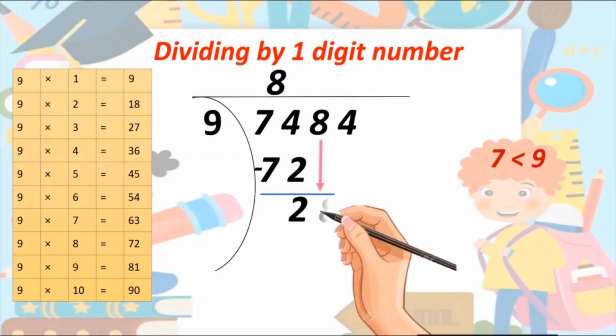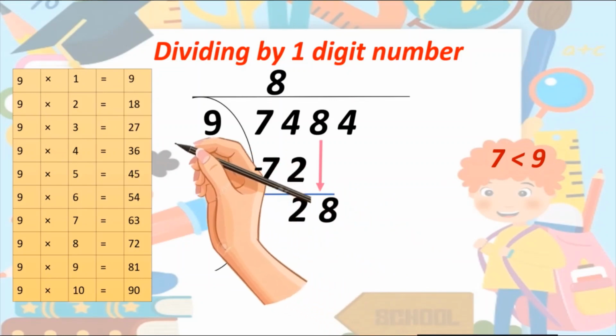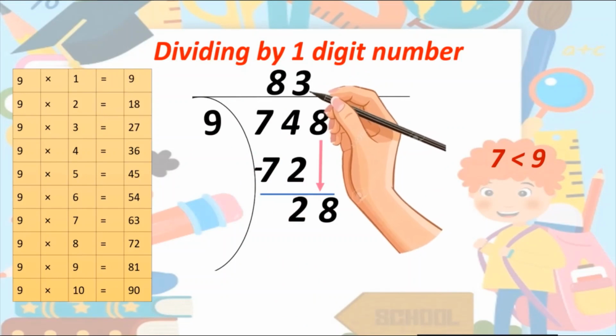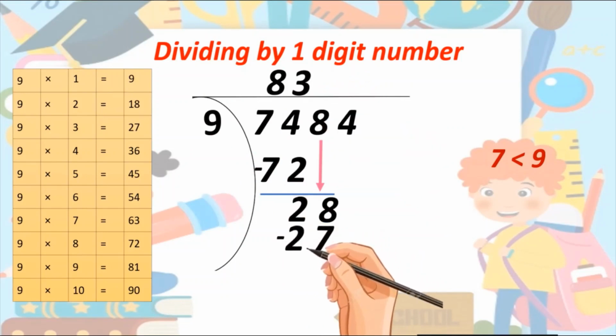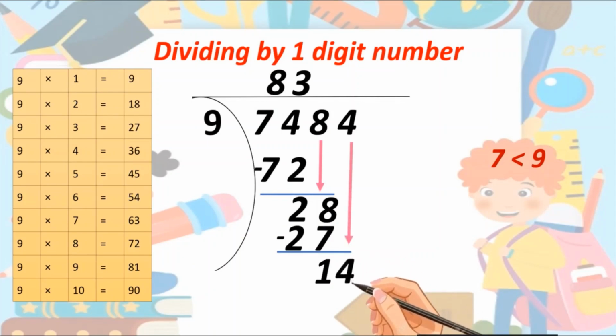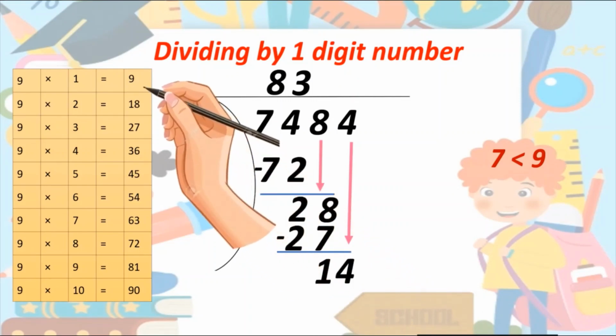We bring down the next digit and write it as 28. Again we look into the table of 9 and we find 9 threes are 27. So we write down 27, subtract it from 28, the remainder we get is 1. Now again we bring down the next digit, which is 4, and we write it as 14, and then look into the table of 9.